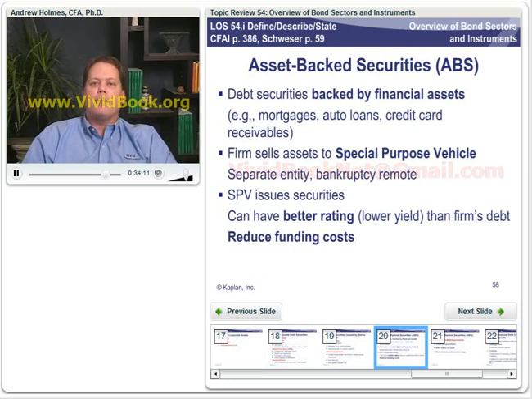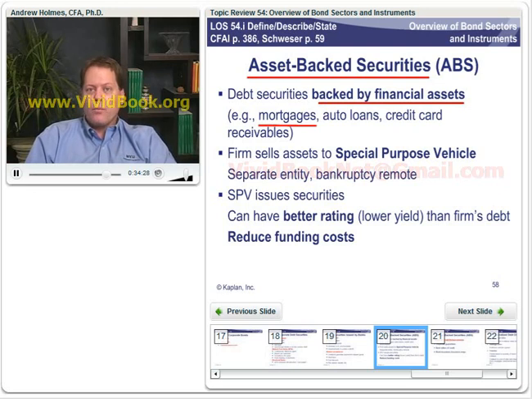But because mortgage-backed securities are such a huge segment of the market, we often talk about those separately. These are just debt securities backed by receivables or financial assets rather than an operating company. We've obviously done that with many mortgages. We could do it with the paper that backs an auto loan or credit card receivables or anything else.